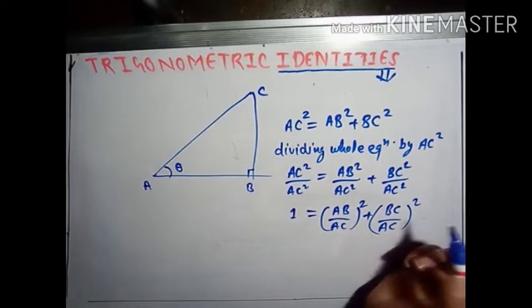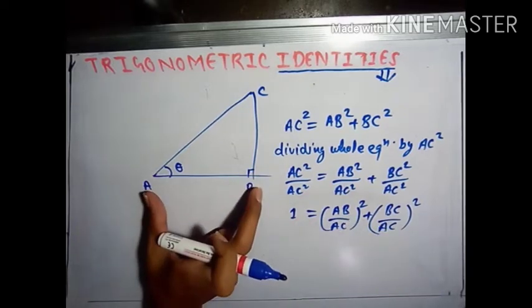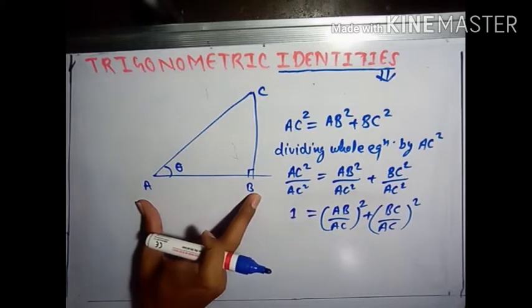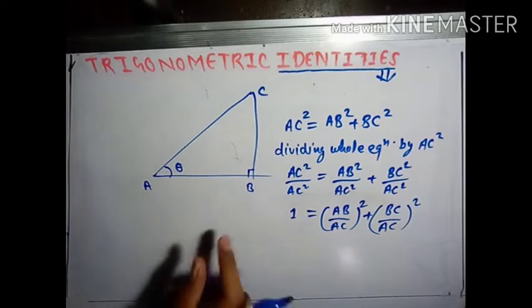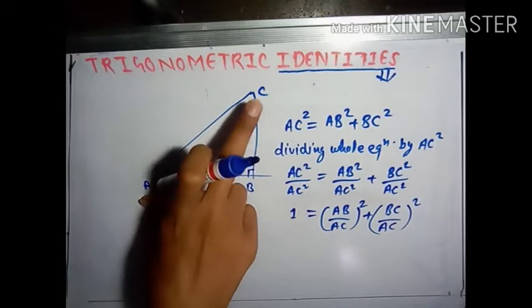Now here you can see AB upon AC, and come to this triangle. Look here, AB upon AC. Now recall the trigonometric ratios. This is the base, and this is the hypotenuse.